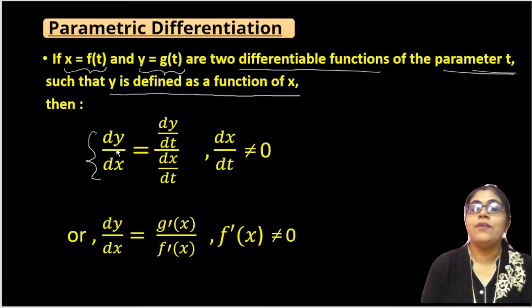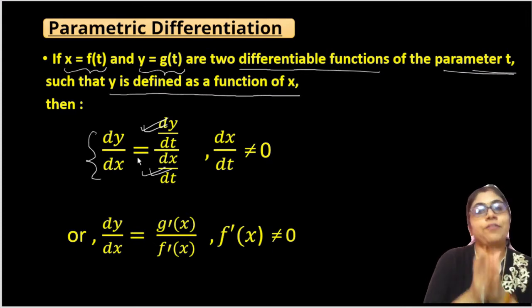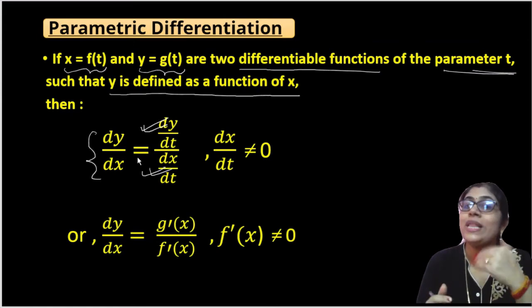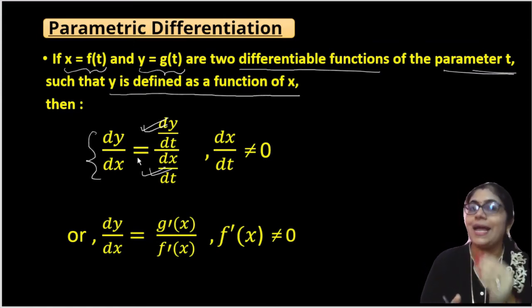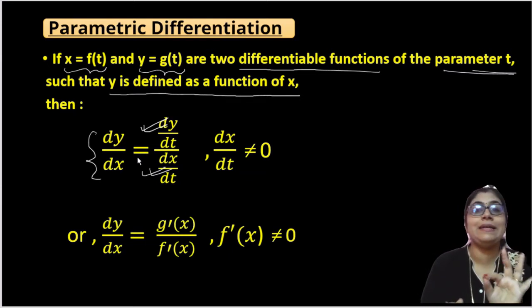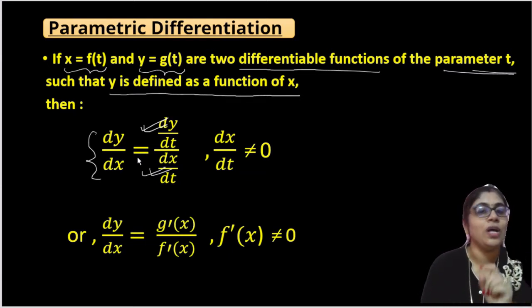First we have to find dy/dt and dx/dt. That means first we have to differentiate y and x separately with respect to the parameter, that is t here, provided dx/dt is not equal to 0.